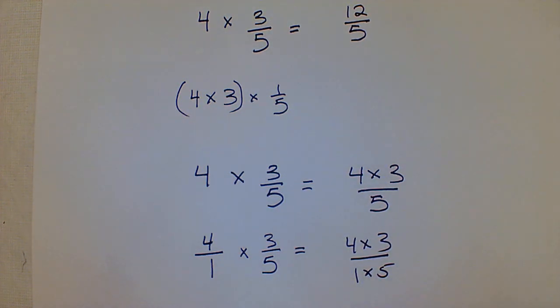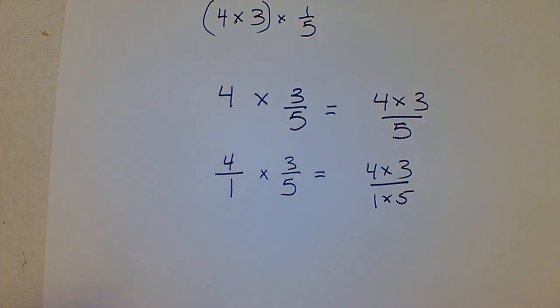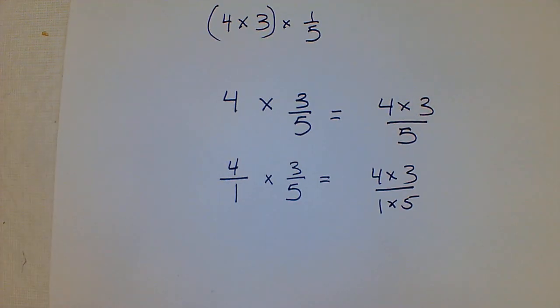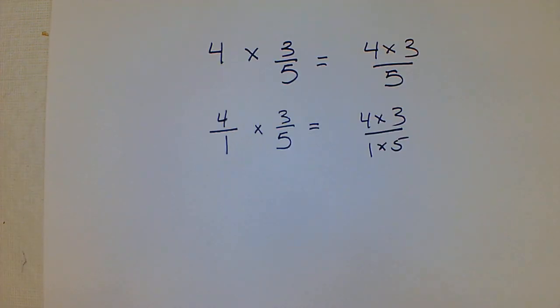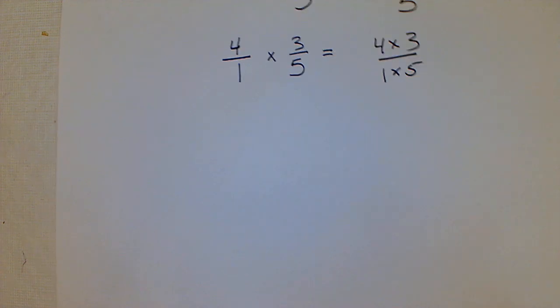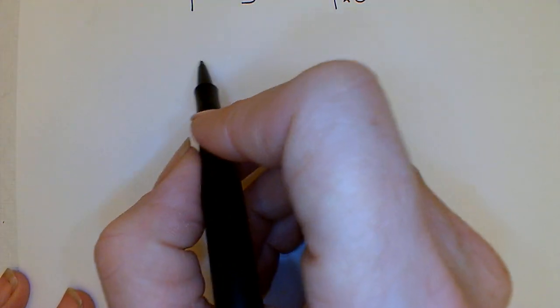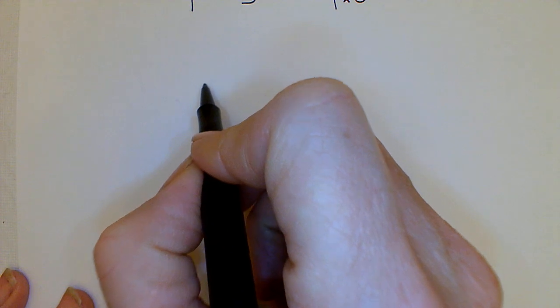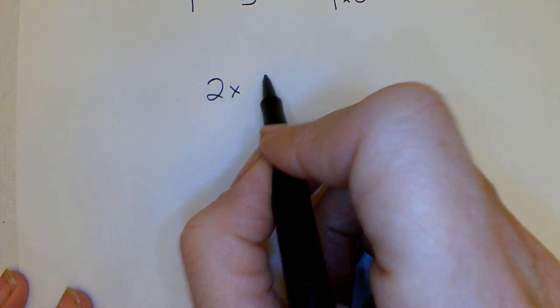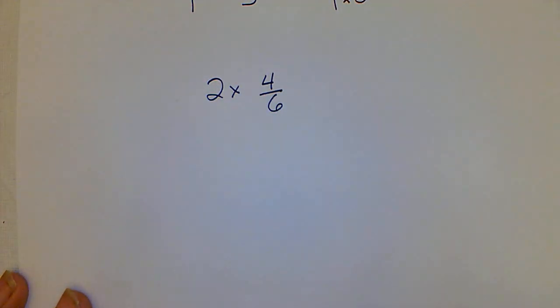Okay, so now if your mind's a little bit blown, because I'm showing you all these different ways of thinking about it, let's try another problem, and we're going to keep it super simple this time. Let's say we are doing 2 times 4 sixths.